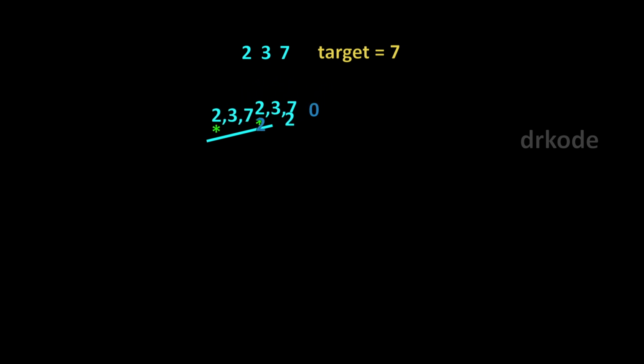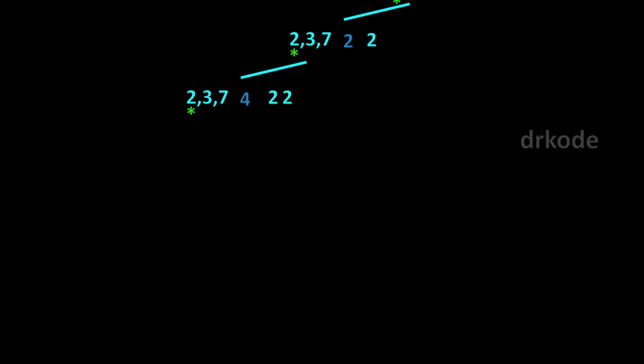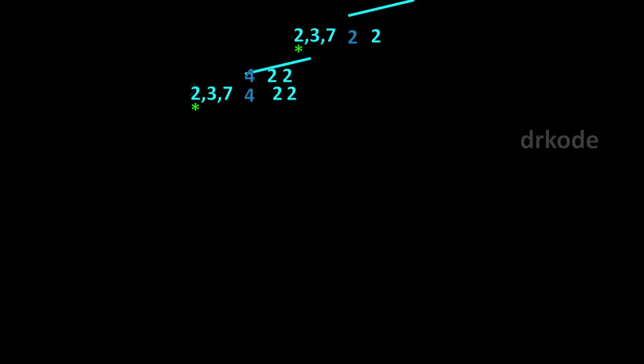It goes to the left branch. Again add 2 to the 2, we got 4, and it goes to the left branch. Again we are adding 2 plus 4, we got 6, adding 2. It goes to the left branch.